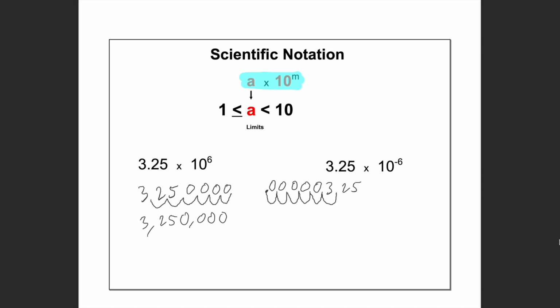So this is going to be 0.00000325. This works for really, really small numbers. And yes, just like we can get really, really big numbers, we can also get really, really small numbers, if you're talking about looking at microorganisms or atoms, anything that is really, really small.